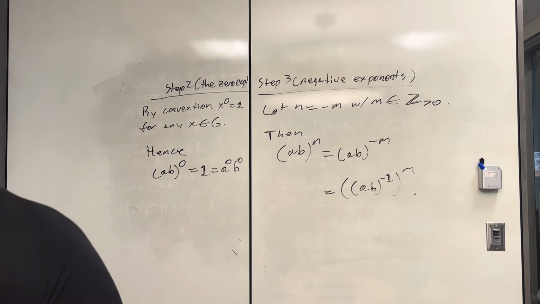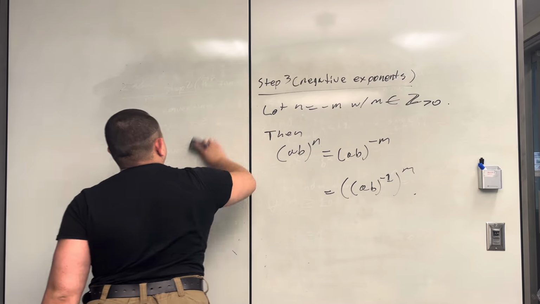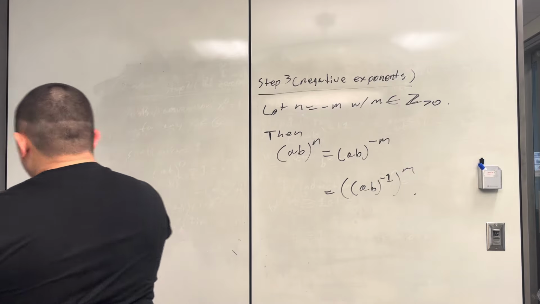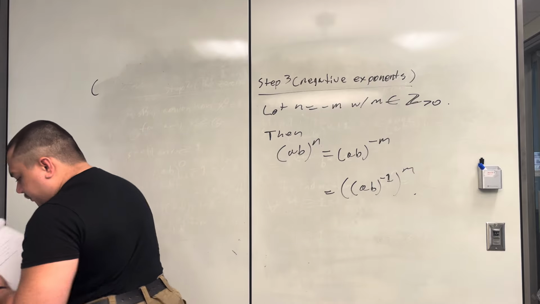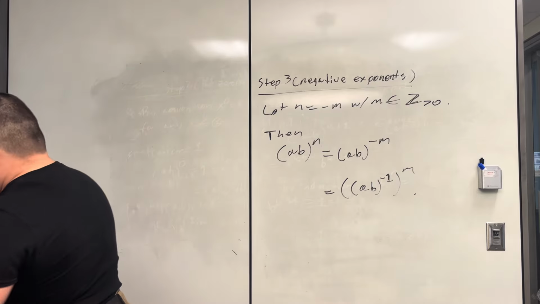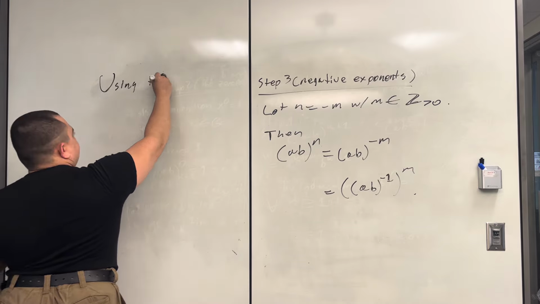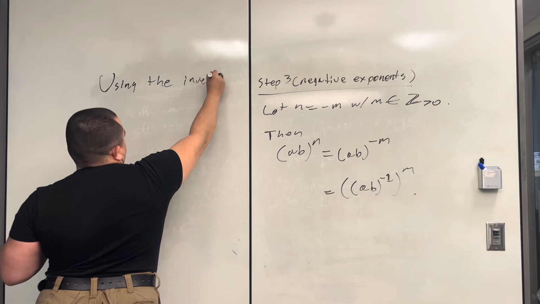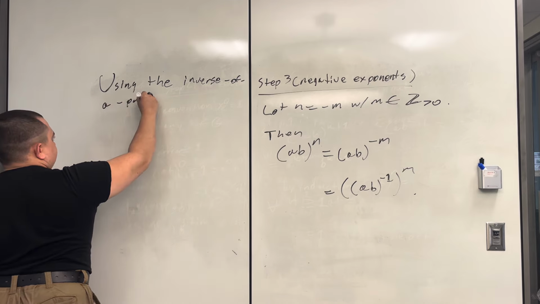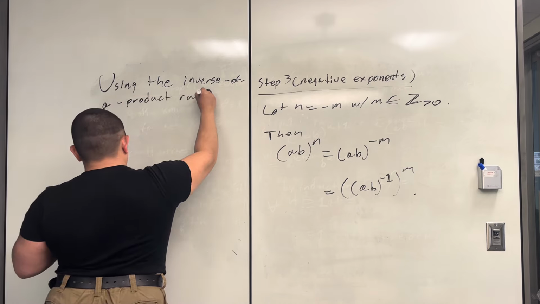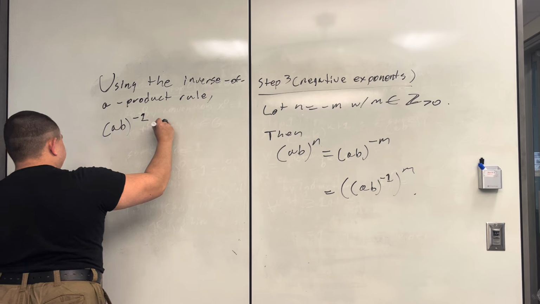We can remember this rule, right? So using the inverse of a product rule, we have that (AB) to the negative 1 is equal to B to the negative 1 times A to the negative 1.